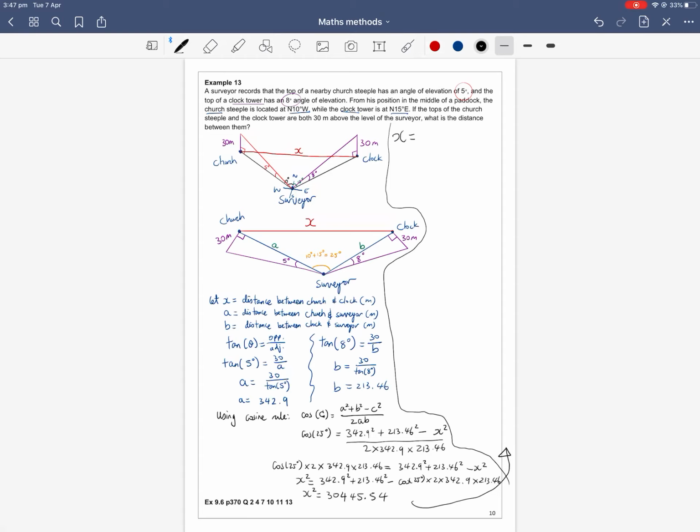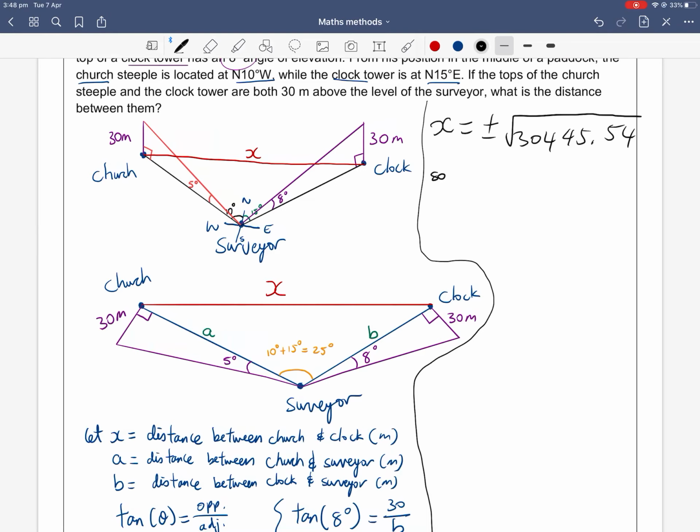Okay, so if x squared is that, then x is the square root. So x is plus or minus the square root of 30445.54. But we reject the negative answer because distance is positive.